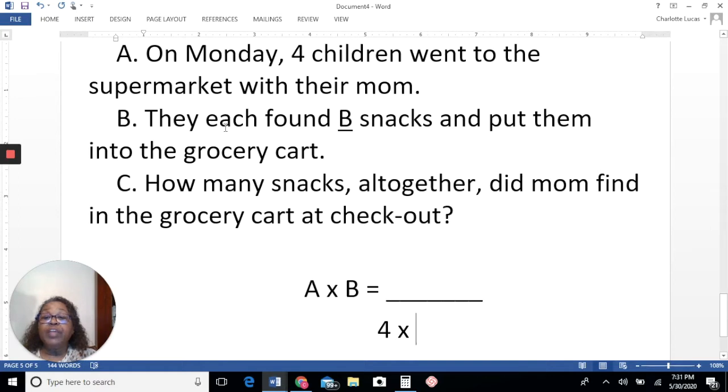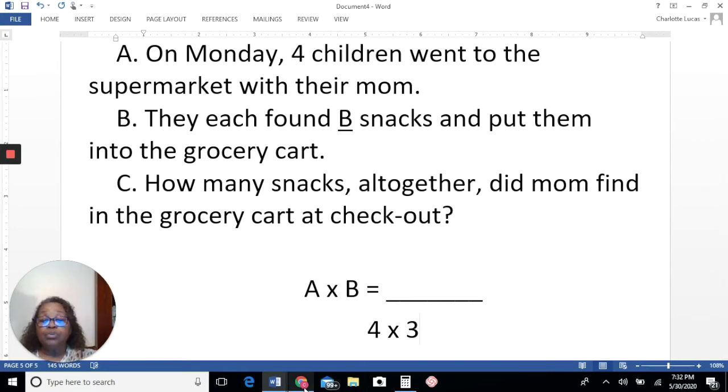Well, we know that they each found how many snacks. We know when we read the word problem, they each found 3 snacks. And that is our expression, A times B. When we substitute the numbers, A is 4 and B is 3. That is how you create an expression, and then you work to solve it.